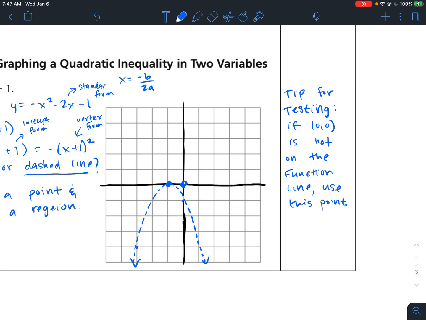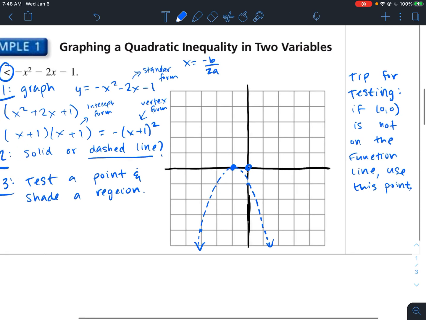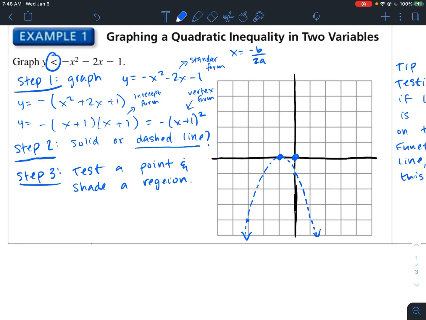And if that's not available, then I would use a point on the y-axis, something like 0, 1 or 0, 2 or 0, 3. So in this case, 0, 0, the origin, is not on the line. So I'm going to test this point right here. And if it gives me a false statement in my inequality, then I won't shade there. If it gives me a true statement, then I will shade there.